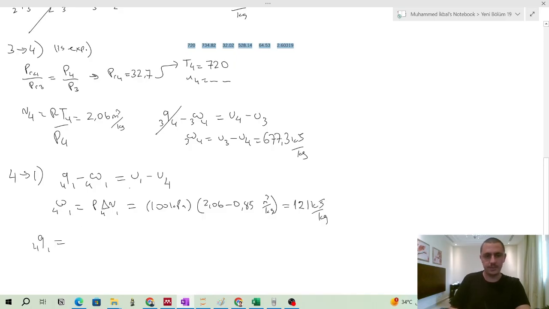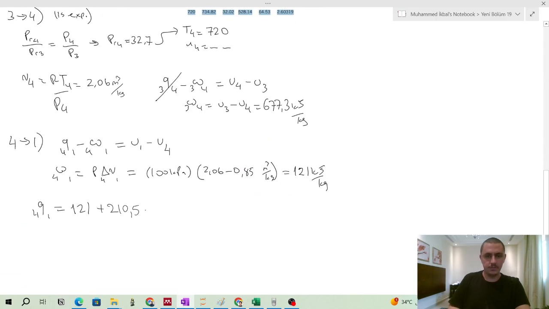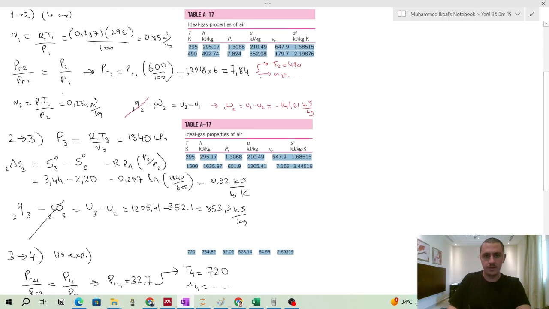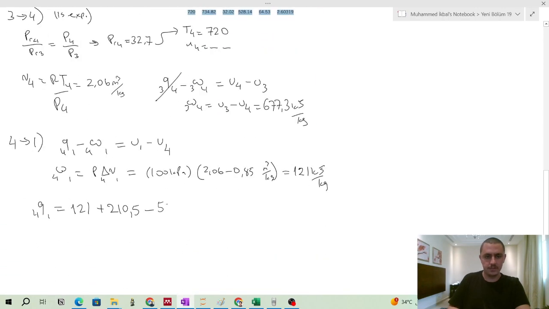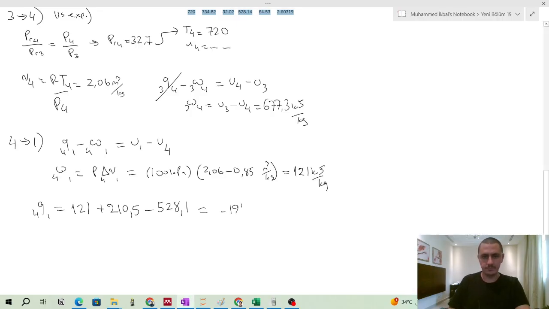And what about Q? You can send this to the other side. So you will have 121 plus U1, which is this value, minus U4, which is 528.1. Okay, we have almost finished the problem. Here it is heat rejection because it's negative. We see it's negative, so heat rejection.